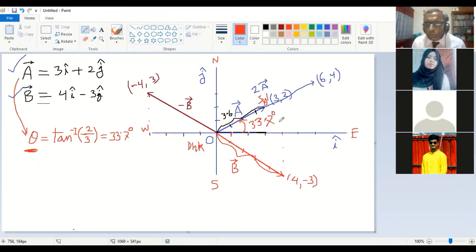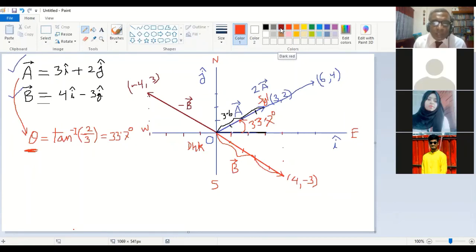Is that okay? Do you understand what I say? Yes, sir. Everyone understands this? Yes, sir. Okay, so this is the main thing. Now if you think about minus B direction, that is from Dhaka, maybe this is what, Pabna or not Pabna, Natore, maybe Natore or Naogaon.